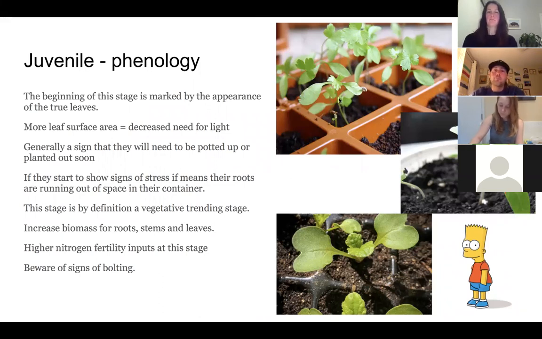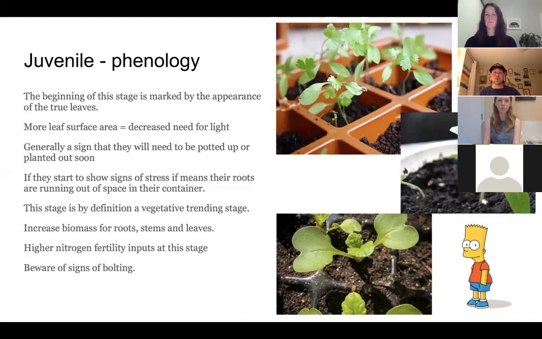The reason for this is that when the true leaves come in, and this isn't true for every single plant, and obviously it depends on the size of the container you put them in, but when they get to the true leaf stage, if you have them in a standard seed tray, like these, I think they're cabbage down here, then around that time the roots will start to hit the edge of the container, and they want to keep expanding, but the container is keeping them enclosed. And so they start to circle around that container looking to get out.